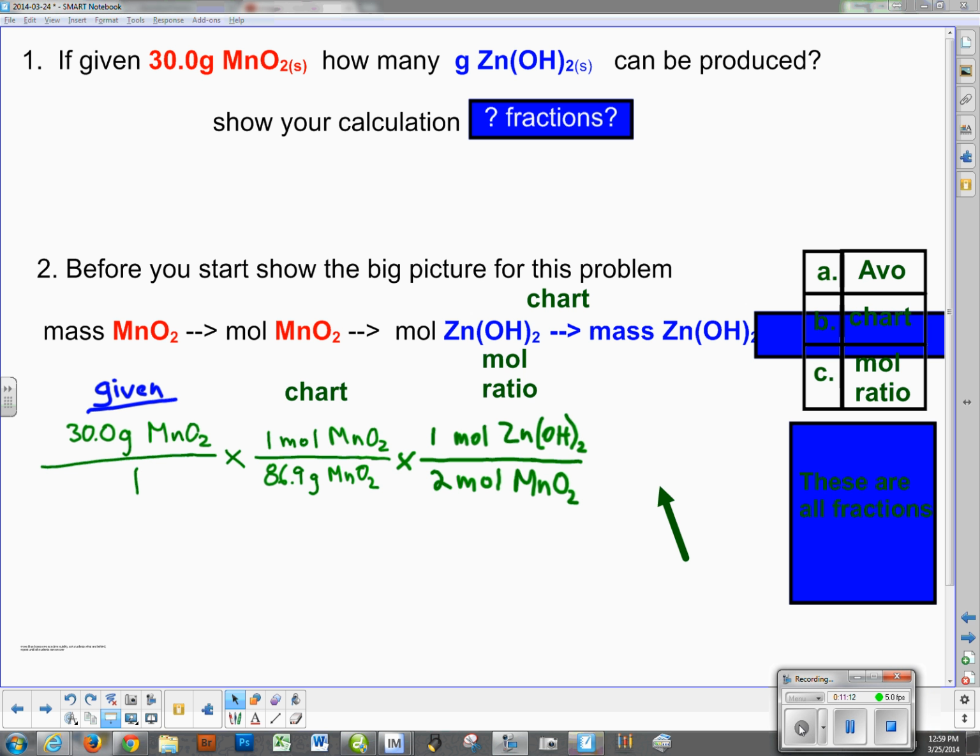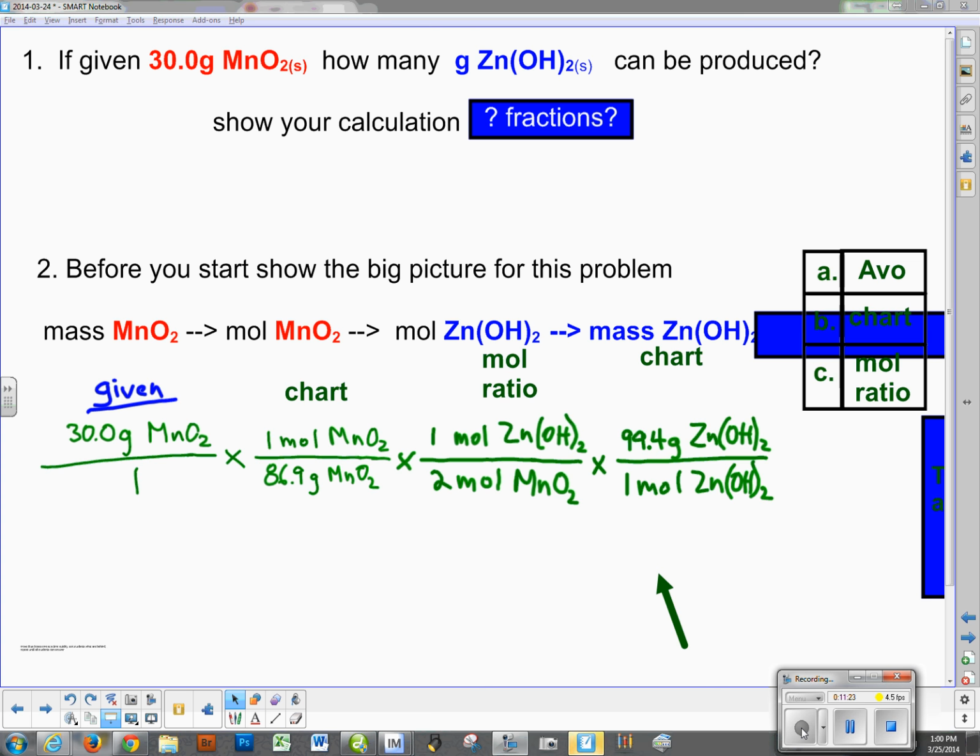And then we're going to have the chart again here, and we'll figure out what the molar mass is for the zinc hydroxide. So after running that calculation, we found that there was 99.4 grams of zinc hydroxide in every mole of zinc hydroxide. And that, of course, required the chart. So you can see we went from the given over 1, first fraction, chart, second fraction, mole ratio, third fraction, chart, fourth fraction.